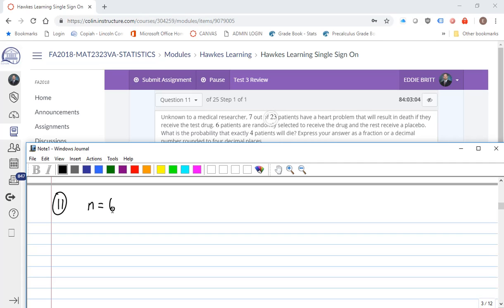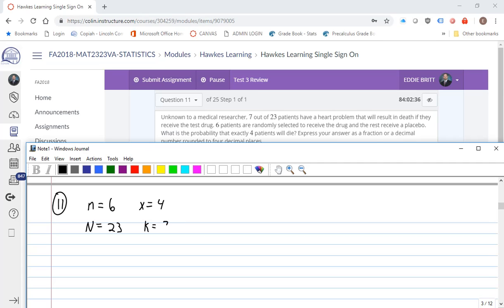The total patients, that's going to be big N, capital N. We're looking for the probability exactly 4 patients die. So exactly 4, that's going to be our X. And then there's something else there, right? Well, K, how many possible would die? Well, 7 out of the 23.